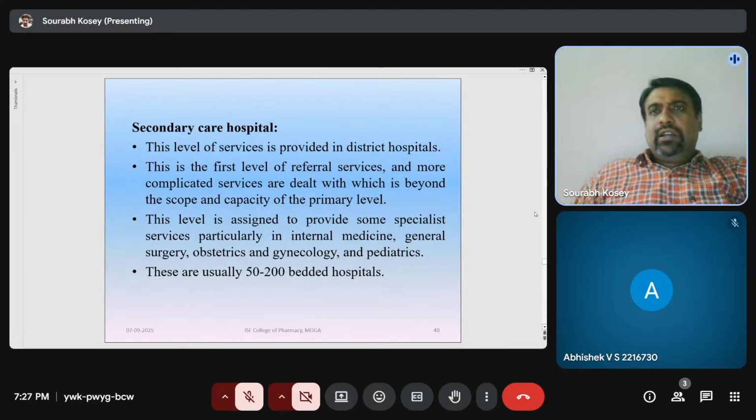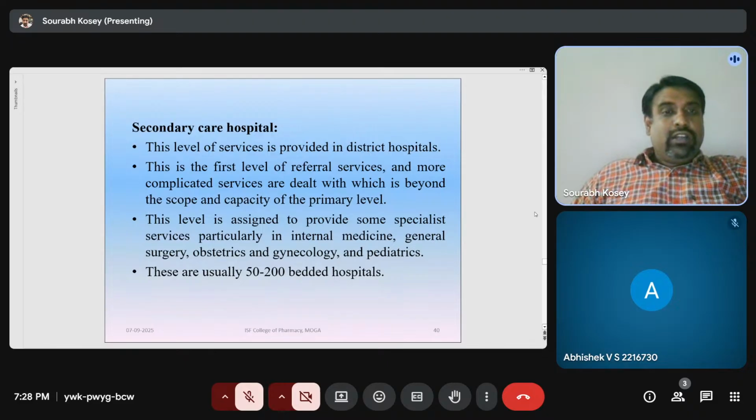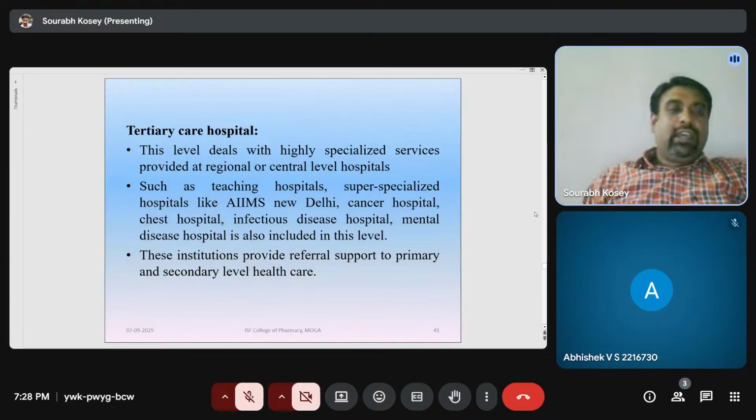In respiratory, asthma, otitis media, emphysema, laryngitis, pharyngitis, tonsillitis, etc. Then tuberculosis, hay fever due to allergens, and COVID, which we witness now. So secondary care is more important.